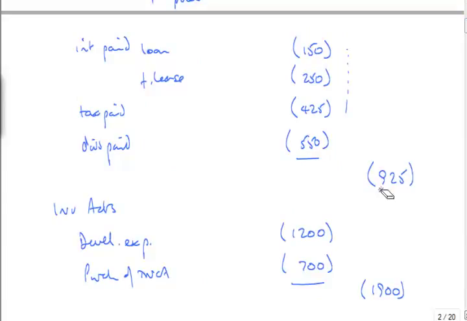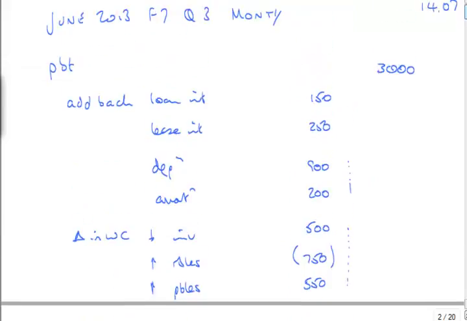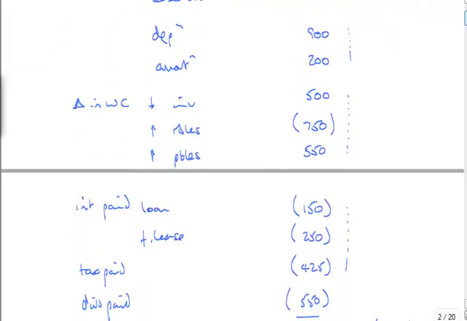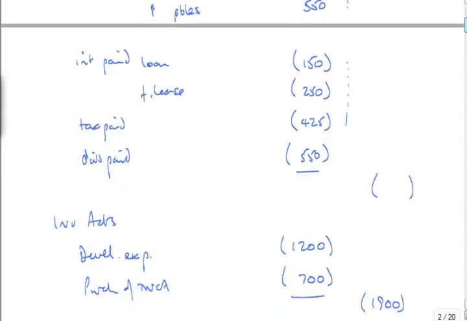So yet again, I'm going to add this up. 4, 13, 14, 15, 2,000, 1,800, 1,400, 975, 975, 425, and it's positive.